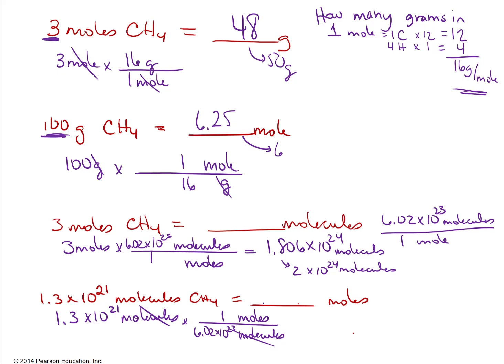So 1.3 times 10 to the 21 bracket divided by, I got like 0.00215. Yeah, that sounds normal.